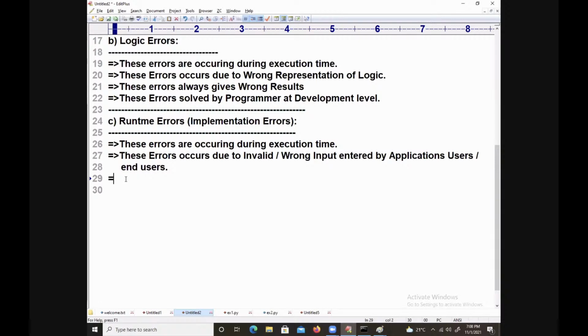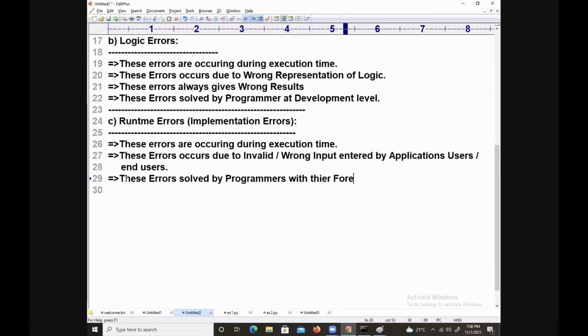These errors are solved by programmers with their forecasting knowledge.